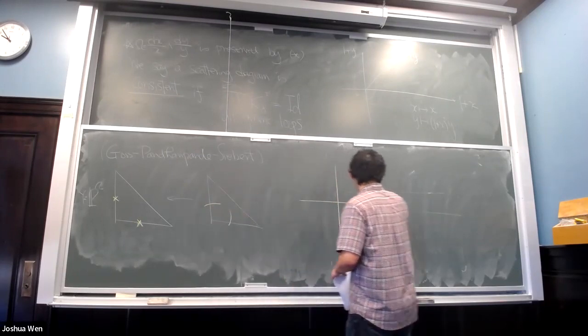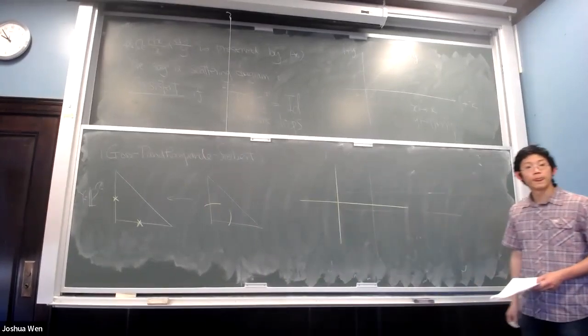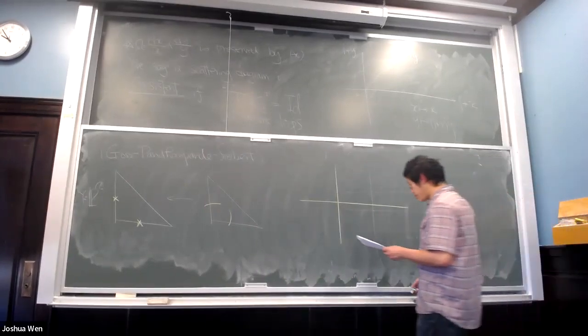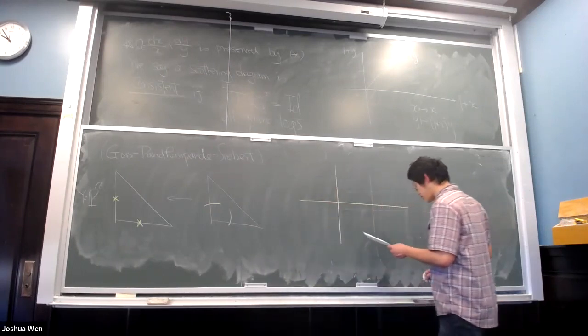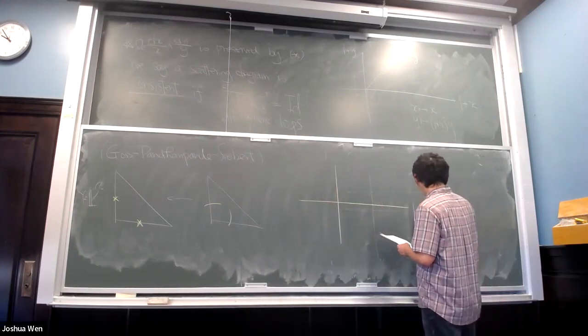So I'm going to have this, and these are the initial rays. I need to tell you the functions I put in.